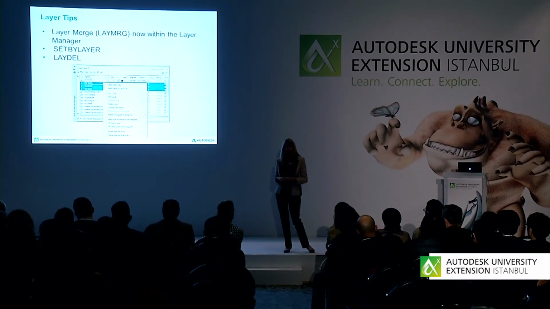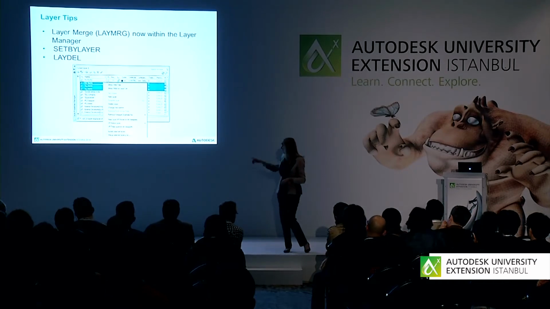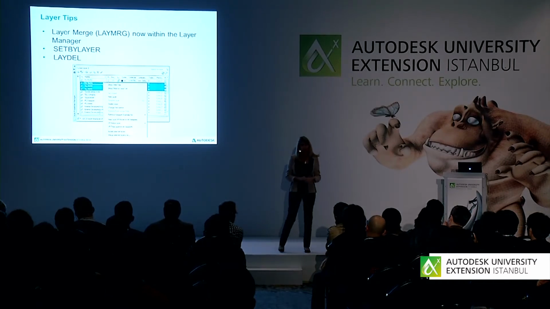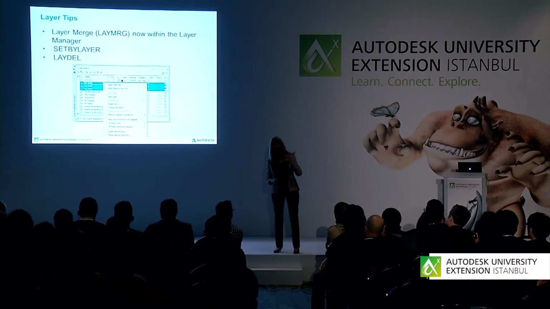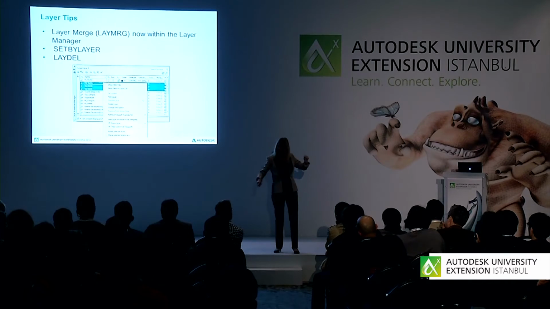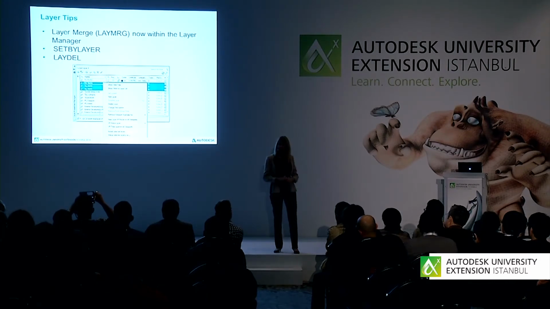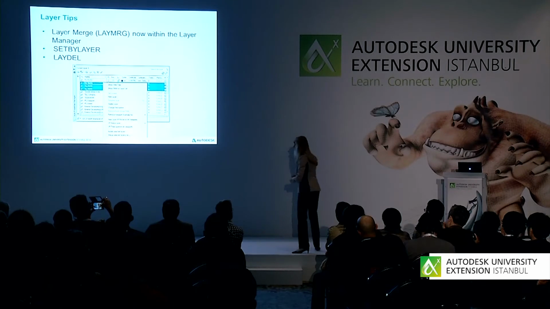If the layer is referenced in a block, the laydel command will actually open up the block definition and take the layer out, redefine the block, and then it will delete the layer. Now that is power, right? Just remember where there's power, there's danger, so be careful. Know what you're doing. So that's laydel.